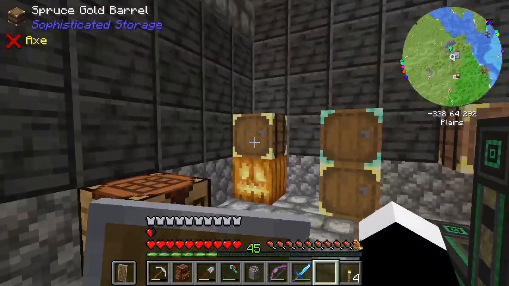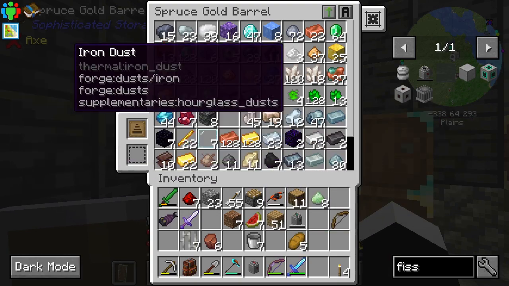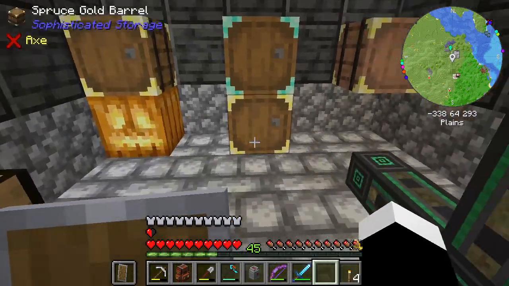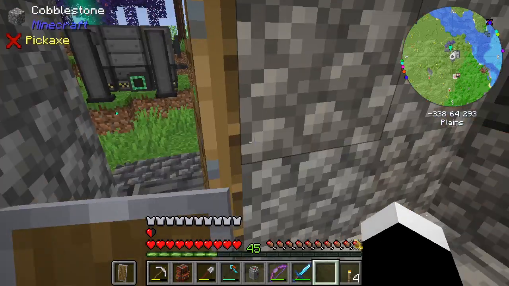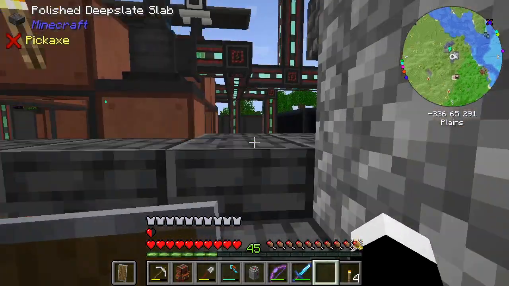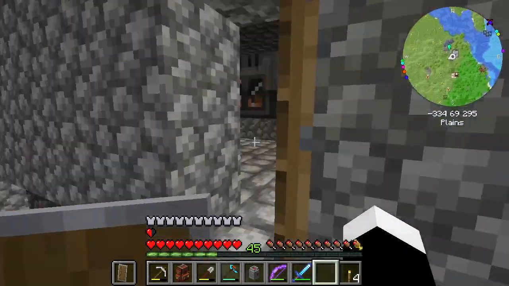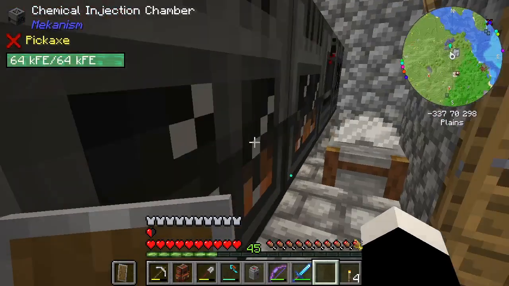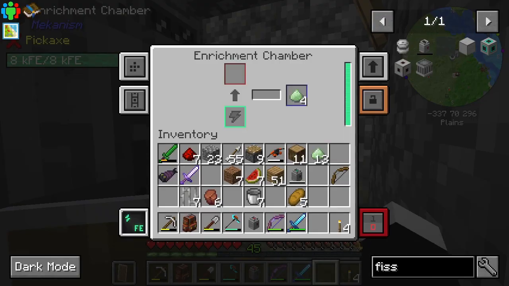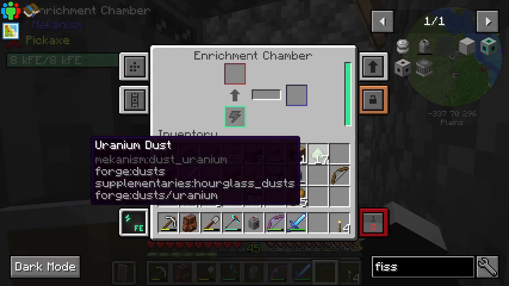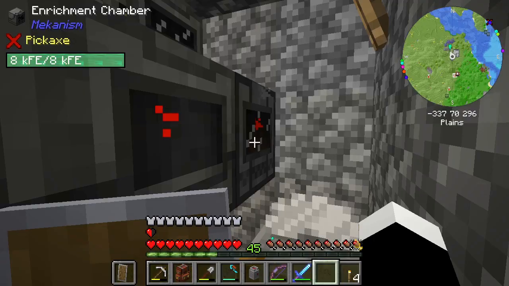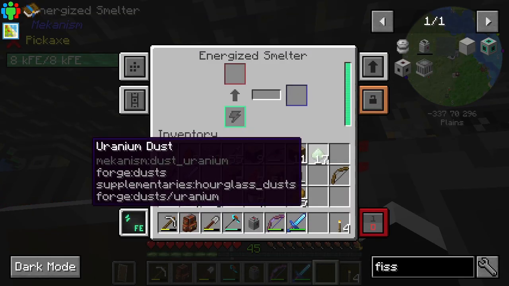Let me go grab the rest of the uranium. Where did I put it? Ah, here it is. The problem is we're going to need another enrichment chamber. Fortunately, these enrichment... Well, we've got to make ingots out of this first.